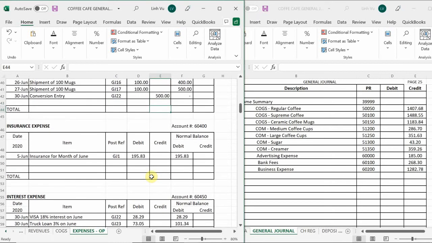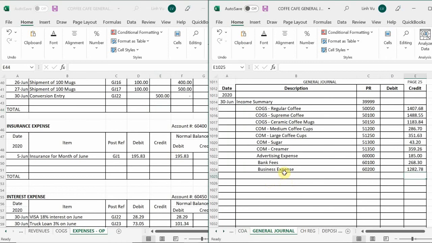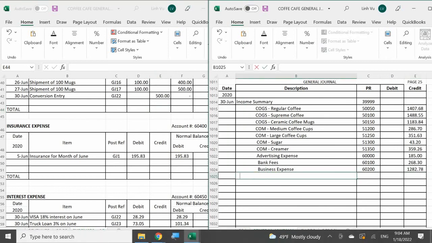Next we have insurance expense for the total amount of $195.83.